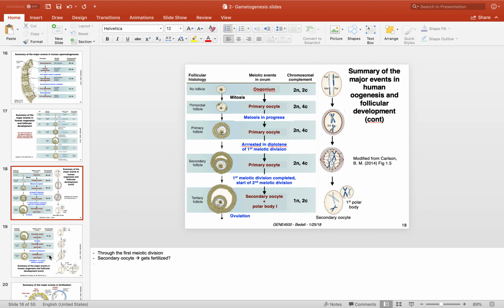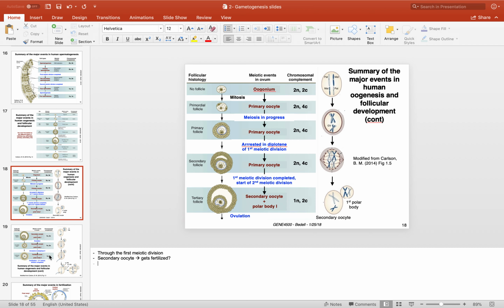Anyway, what I wanted you to appreciate is that before meiosis 1 has been completed, the chromosomes are located here. They have to move from the interior and be positioned right next to the membrane.